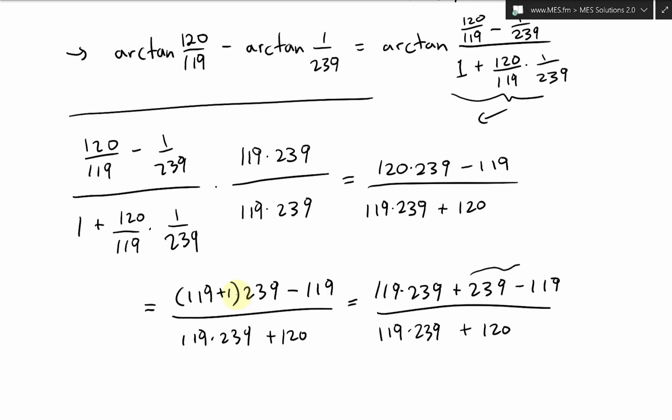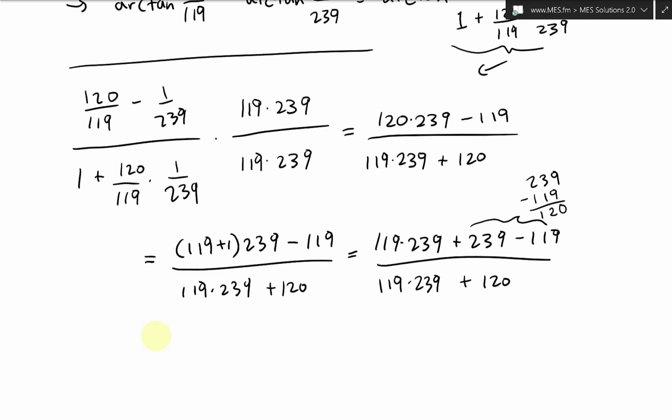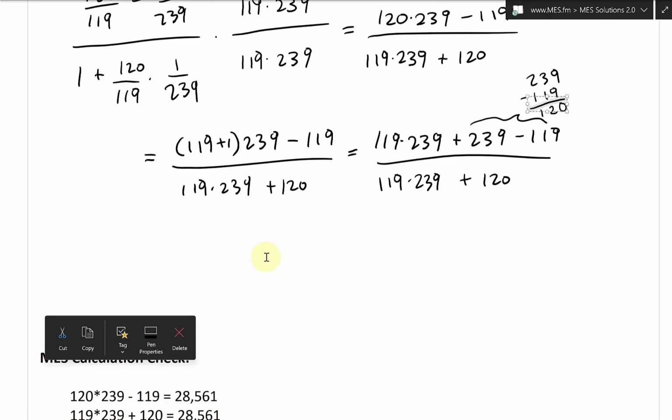And now if we subtract these, this is 239, just do long subtraction, 119. This cancels, we get a 0. Then 3 minus 1 is 2, then 2 minus 1 is 1. So in other words, that equals 120.